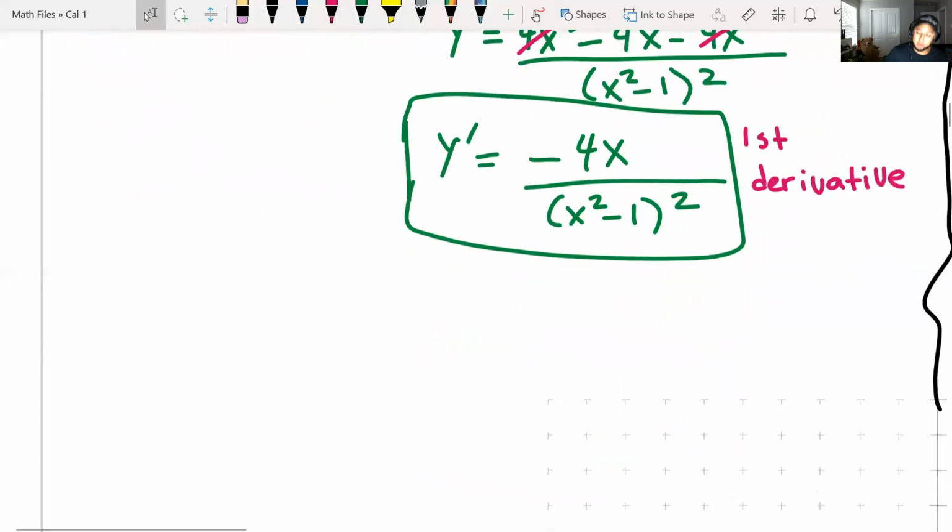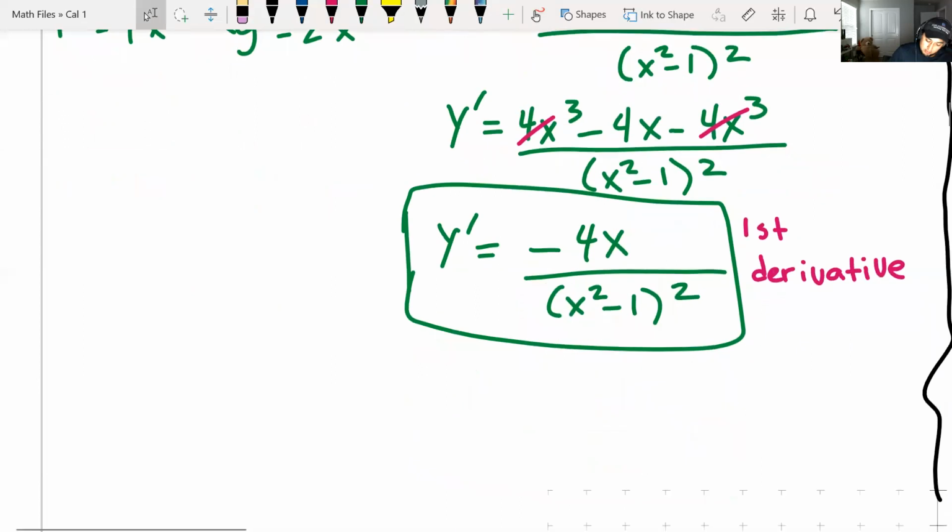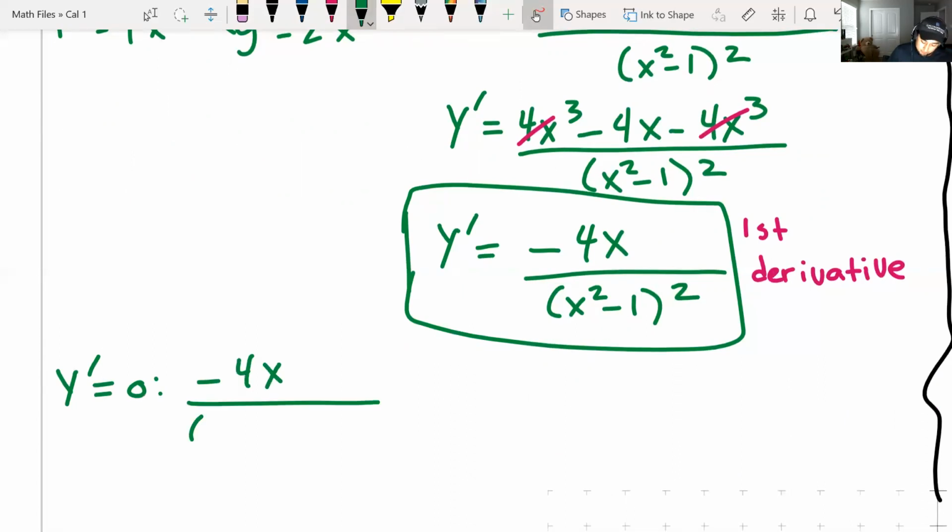Now, what do we do with that? We set it equal to 0. So, over here, y prime equals 0. I take negative 4x over x squared minus 1 squared, set equal to 0.